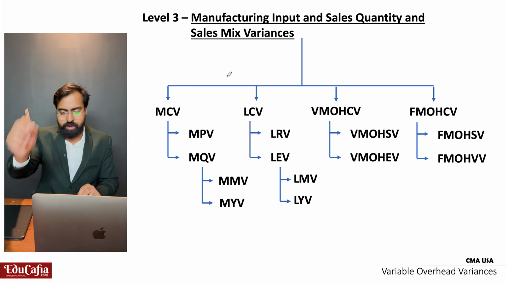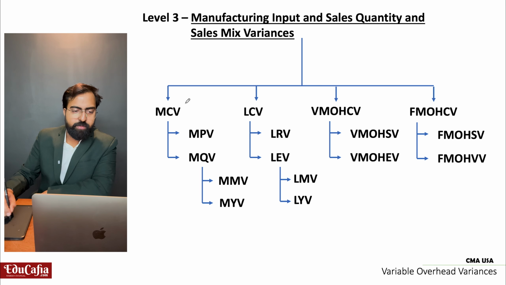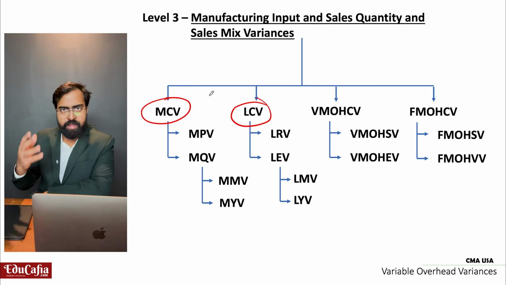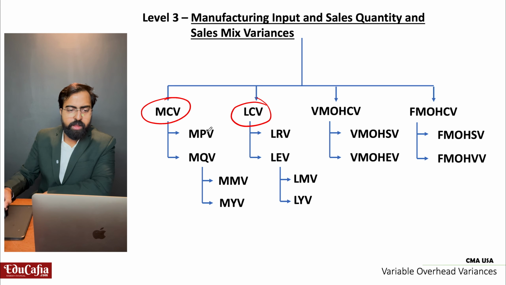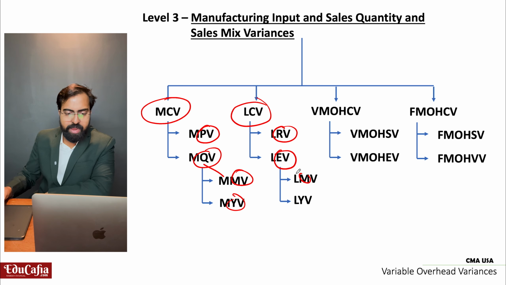Let's get into it. You already know MCV, material cost variance, and LCV, labor cost variance. There we studied price variance and quantity variance, rate variance and efficiency variance, same, right? Then we divided the quantity or efficiency into mix and yield. Here also mix and yield.